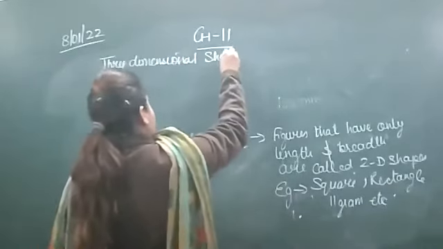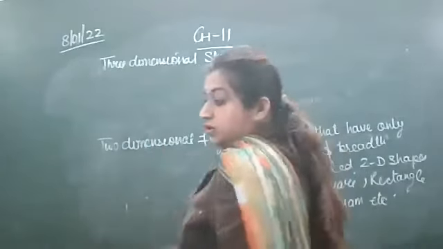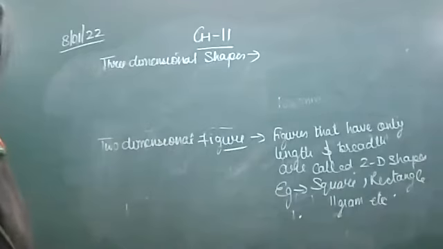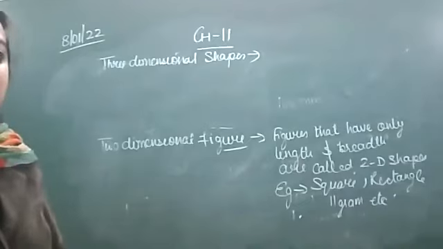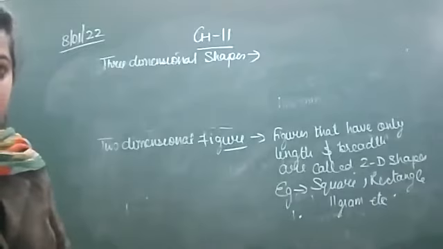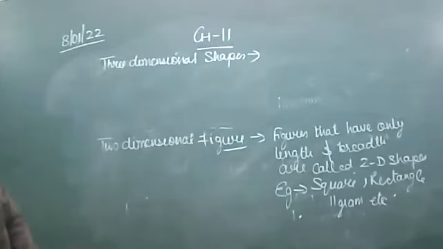Three-dimensional shapes. चलिए लिख लो. Write down. Three-dimensional shapes are having length, breadth, and height.